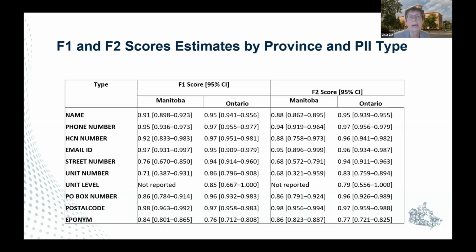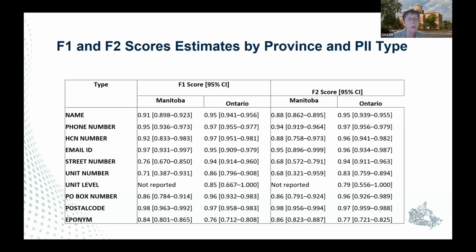We've got the F1 and the F2 scores represented here. I've included this slide in tabular form so you can also see the confidence intervals around this. They can be wide in some instances just because we have a low number of instances of entities like the unit number or the street number. You can see some consistent results, though, in that for name, phone number, and email address, we've got fairly high results in terms of these F1 and F2 scores.